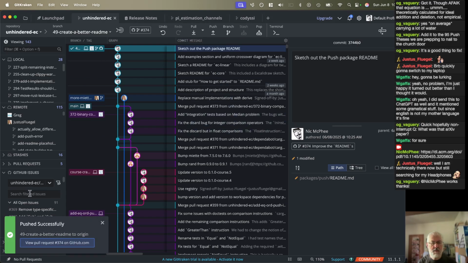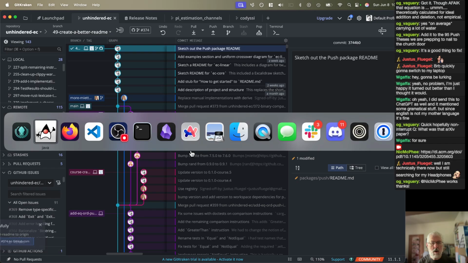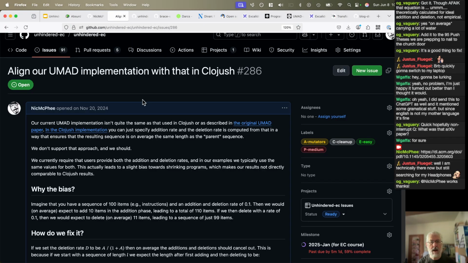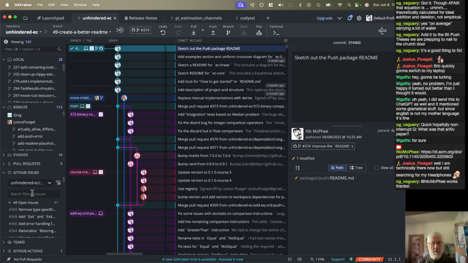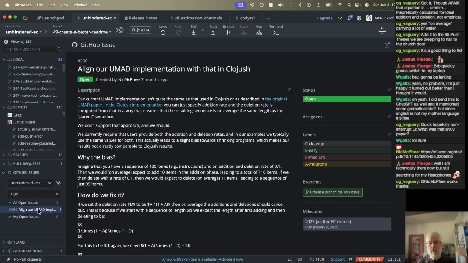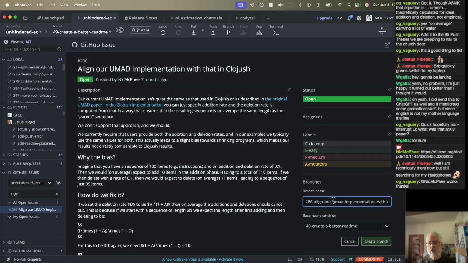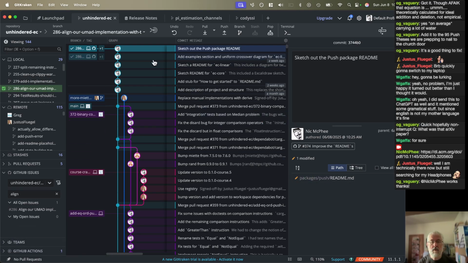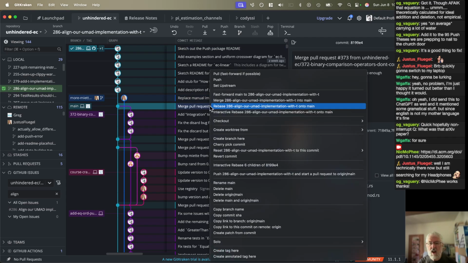Now, if we want to fix this other thing, what was that issue called? It was align UMAD. Align UMAD. Create a branch. Go team. Oh, but I just created it on the wrong thing. So I can move that branch, though, if I'm smart. Let's see. What do I do?